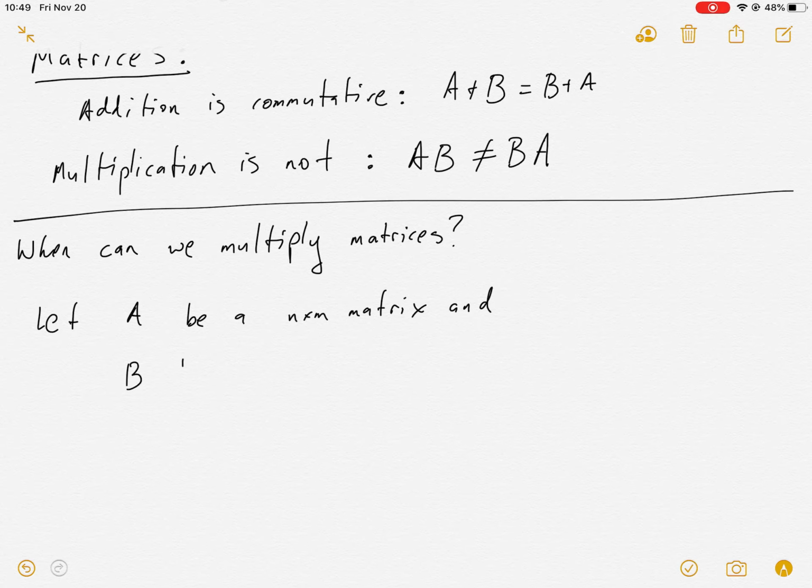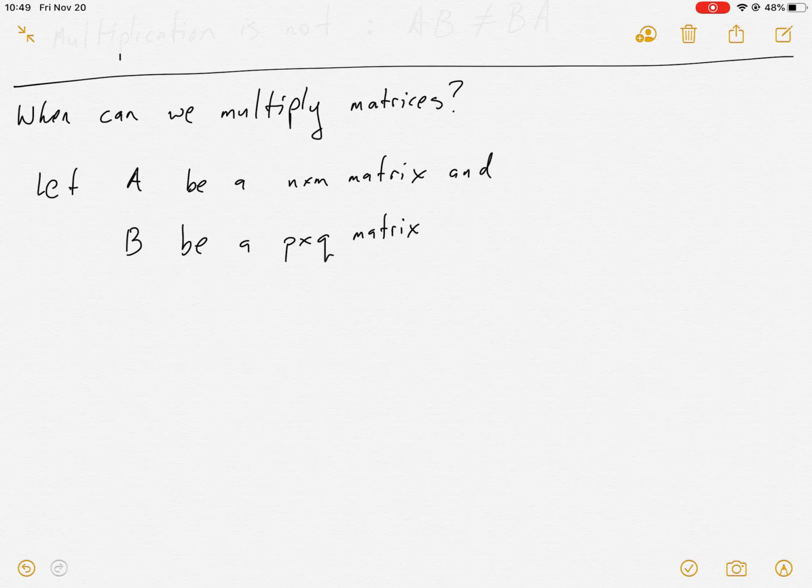And let's let B be a p by q matrix. Then A times B exists only if m equals p.